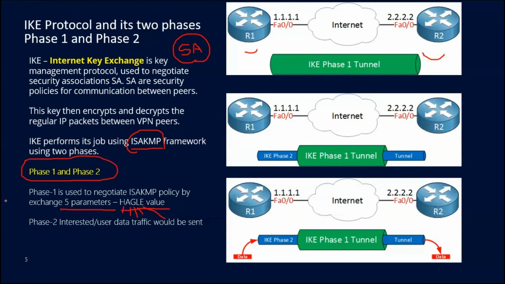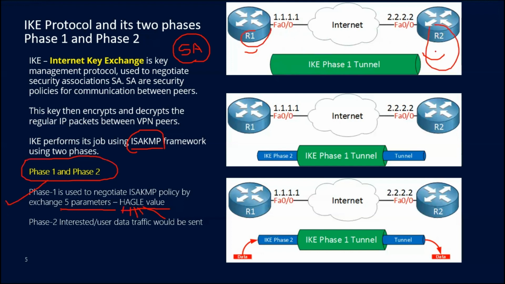Okay, we will learn these things in a further slide. So what I told you is, in phase one, our HAGLE values are exchanged, and in phase two, your interesting user data traffic is sent. So in phase one, see this: there are two peers, this is router one and this is router two, where we are forming this tunnel.